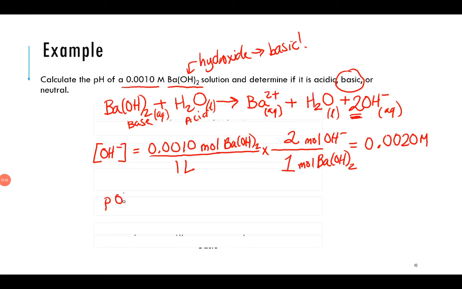So my pOH will be equal to the negative log of my hydroxide ion concentration, which is equal to the negative log of 0.0020.